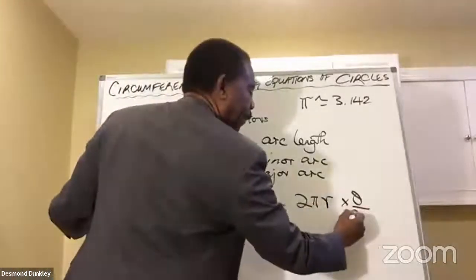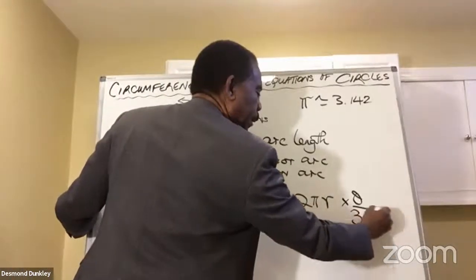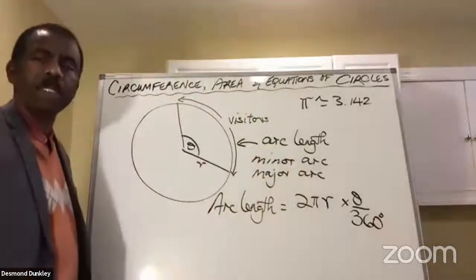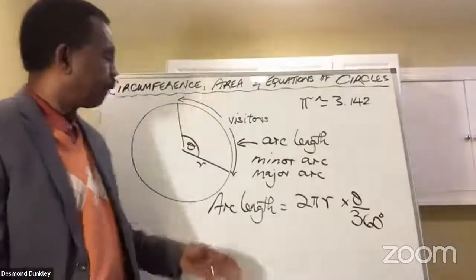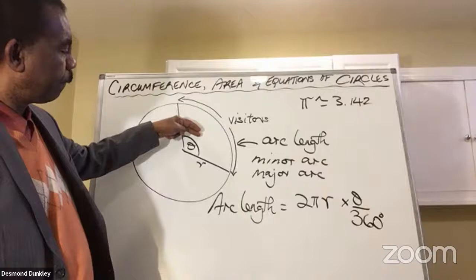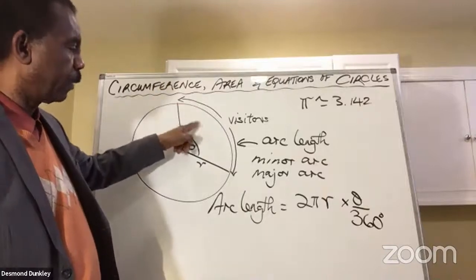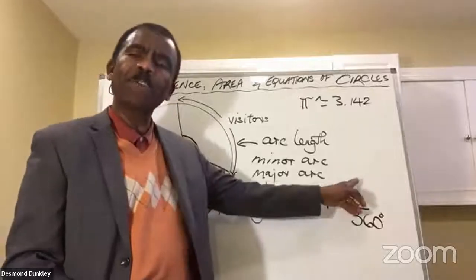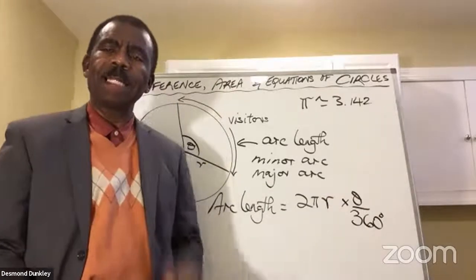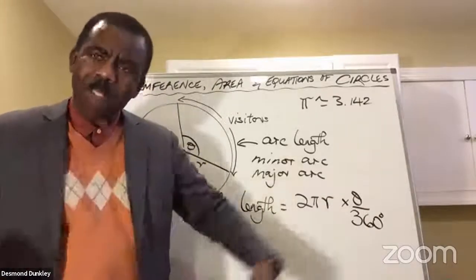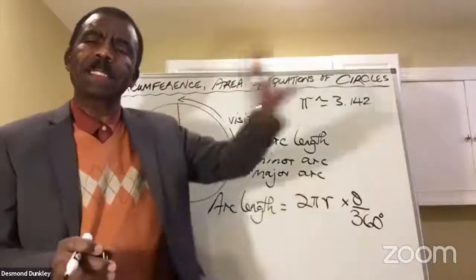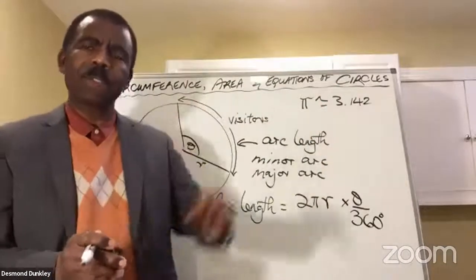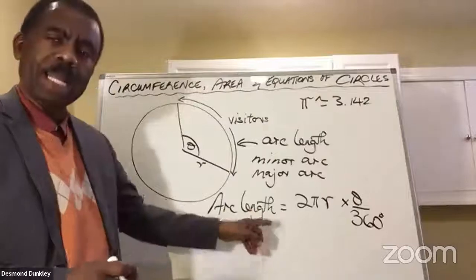And the total angle for the circle is 360 degrees. So suppose this was, say, 100 degrees, then it will be 2 pi r times 100 over 360. And that will give you a portion of the circumference that is set aside for your visitors. And that's called the arc length.